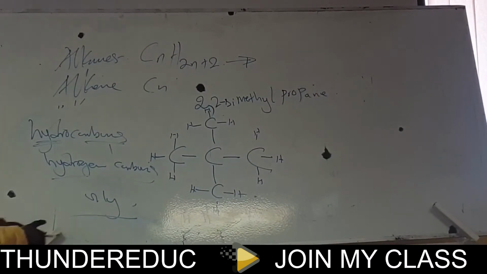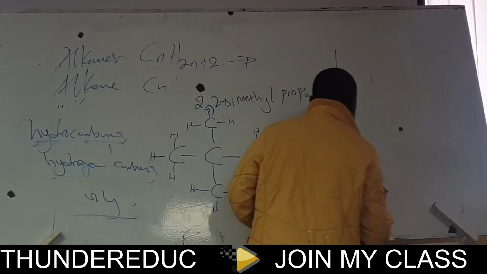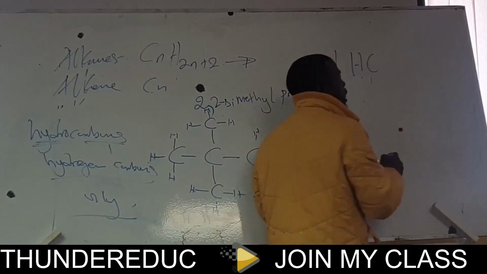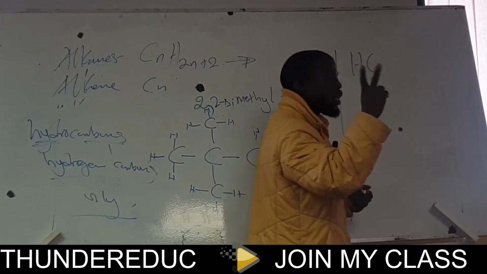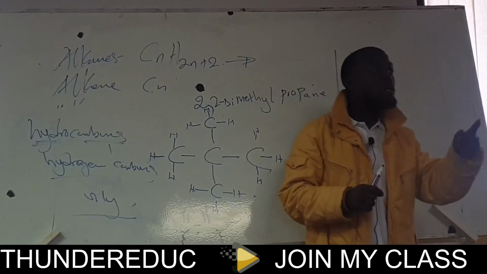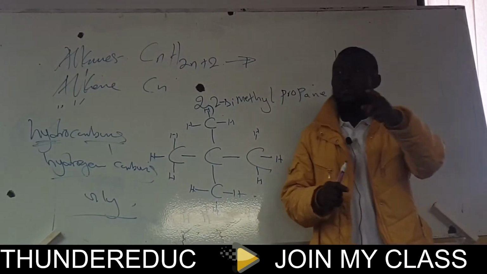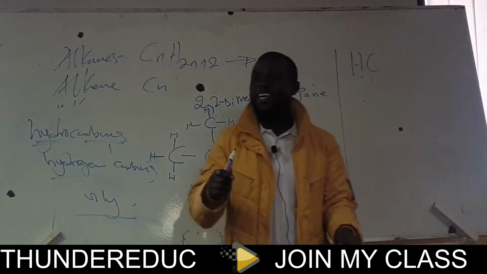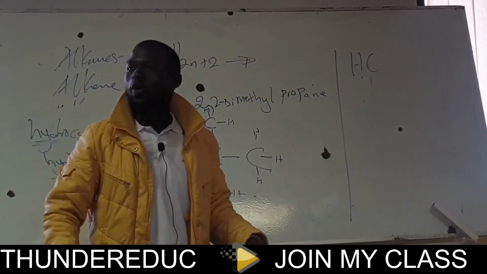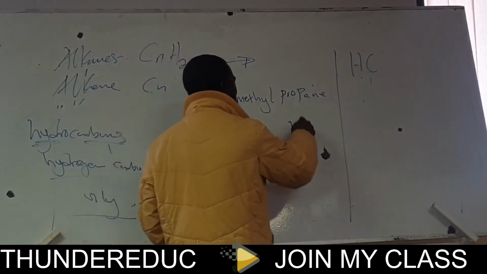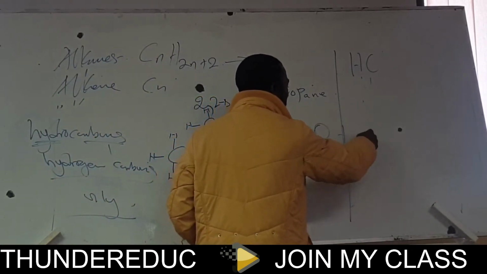What are those 2 products? When you burn hydrocarbons, hydrogen and carbon, what are those 2 products? Carbon dioxide and carbon monoxide. Okay, thank you. H2O and carbon dioxide.